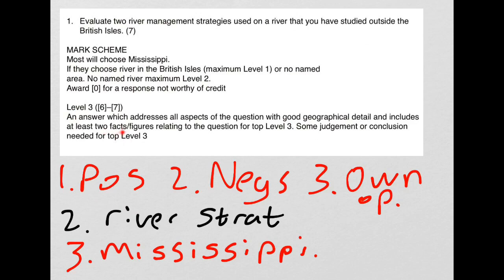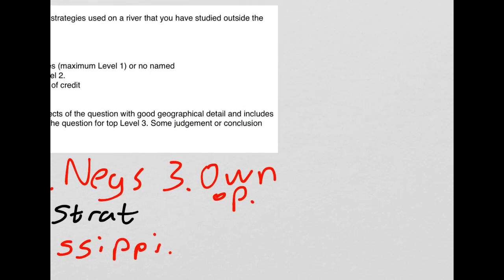They're saying here that they need to see at least 2 facts or figures relating the question for top level 3. And the own opinion aspect of this evaluation question, some judgment or conclusion is needed for top level 3.